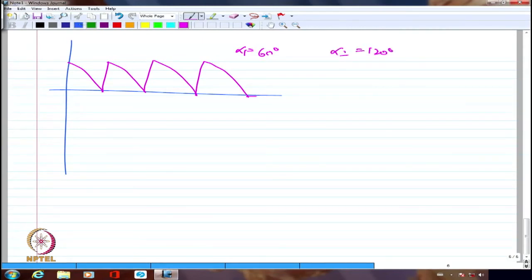So if I try to draw the waveform corresponding to alpha 2 equal to 120 degrees, let me just draw the three-phase waveform again. The frequencies I have drawn are different, doesn't matter.